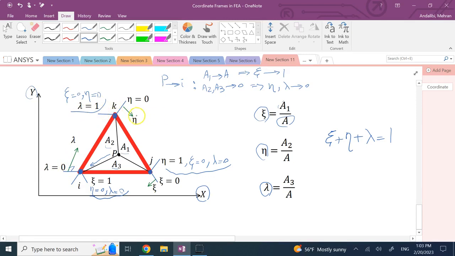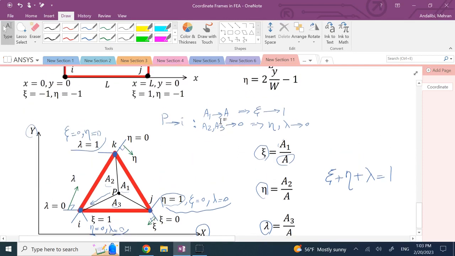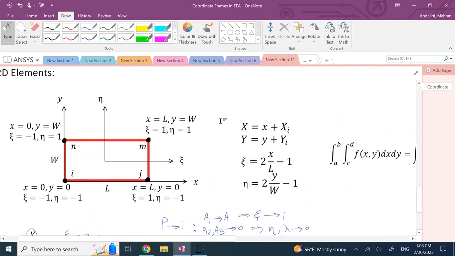At K, you have eta of 0, and it goes in the normal direction until it gets to the other corner, eta of 1. And at J, you have Kc of 0, and it goes in the normal direction until it gets to the other corner at Kc of 1. Okay?